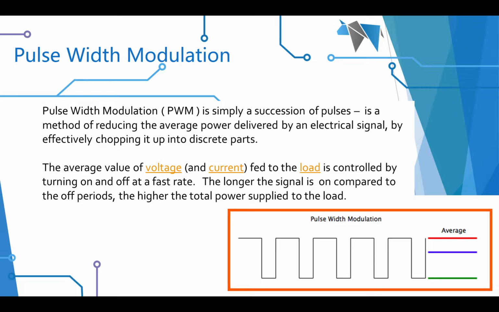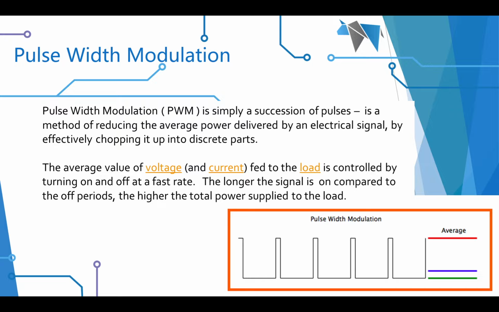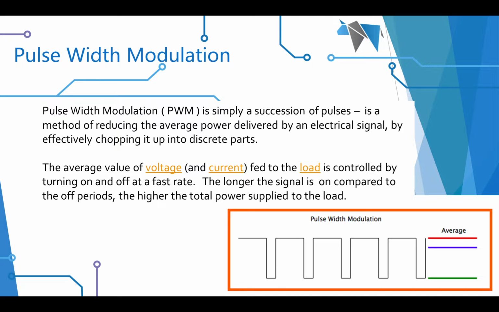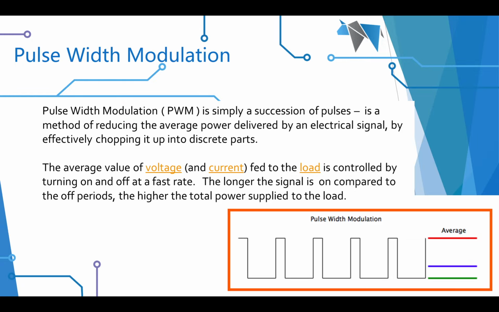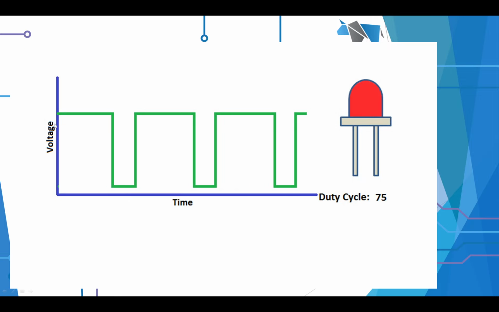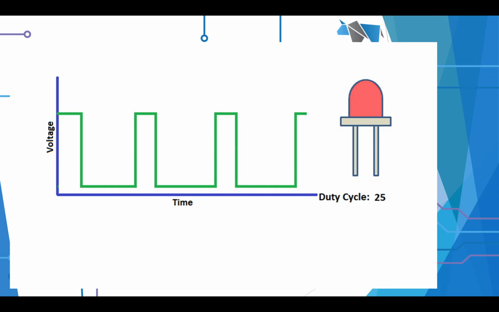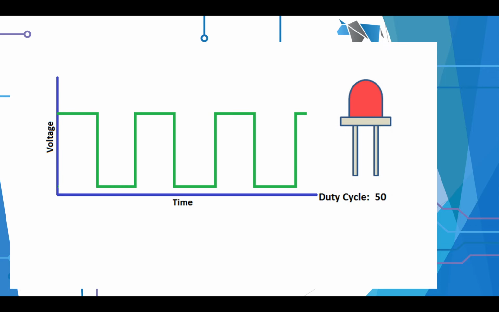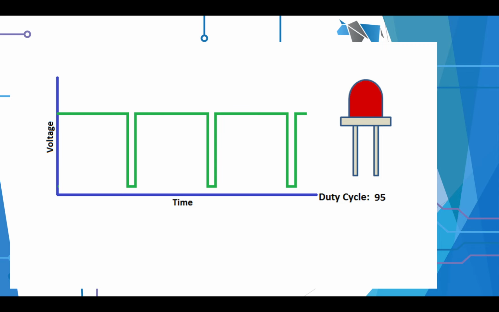The diagram shows a fixed frequency change in duty and how that blue line represents the average power. Now, that means that the total power is going to go up and down. So for an LED, it would flash on and off as the different duty cycles. And that's what we're going to be doing a lot of.